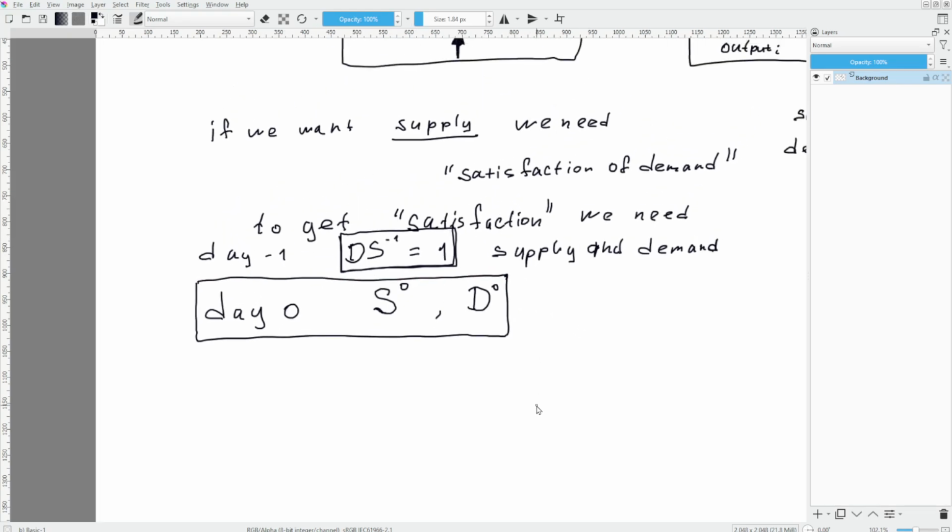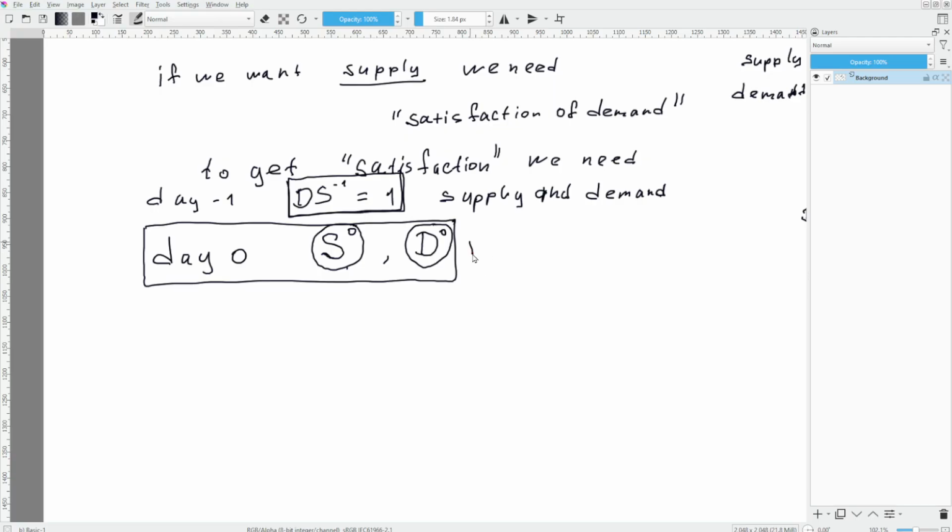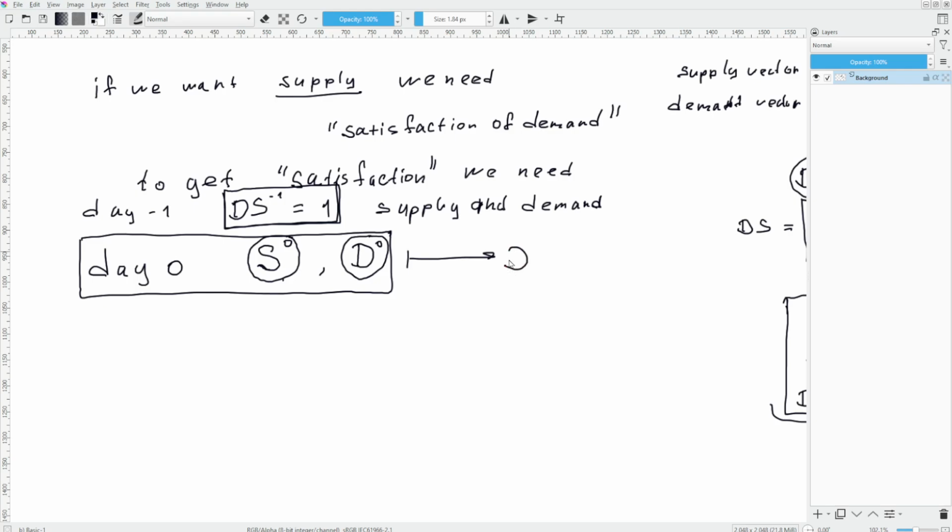Essentially, we are saying, okay, we have managed to buy a certain amount of goods yesterday, and now we are using them to produce a new amount and demand a certain amount of goods to produce this amount of supply. Fine. It allows us to calculate the new demand satisfaction.